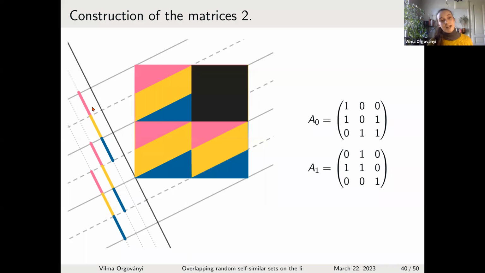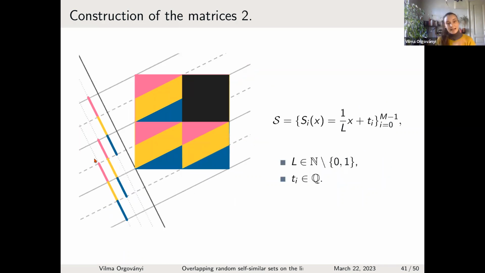So instead of shapes, we will have relative parts of cylinders. And I will not talk more about how to construct these matrices, but this can be done for IFSs of the form where the common contraction ratio is 1/L, where L is an integer greater than or equal to 2, and the translations are rational numbers.